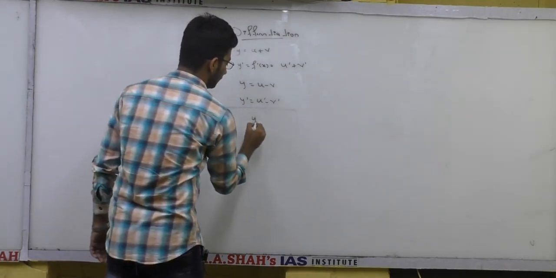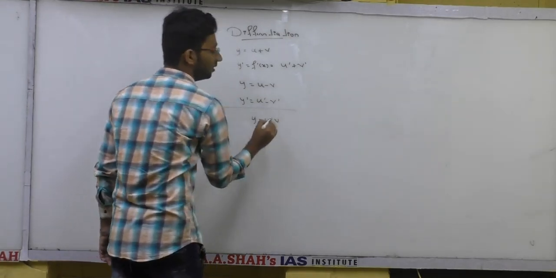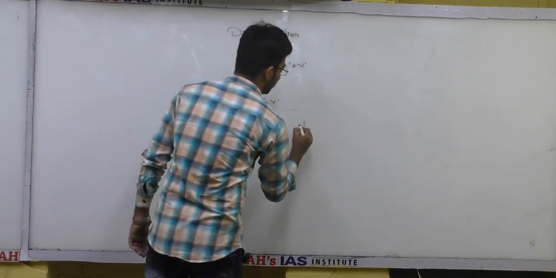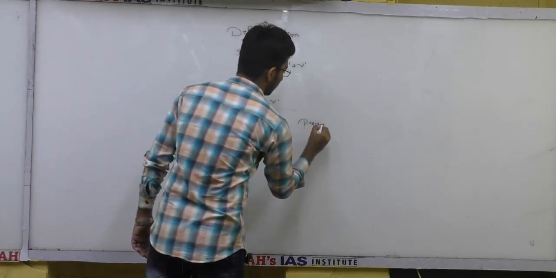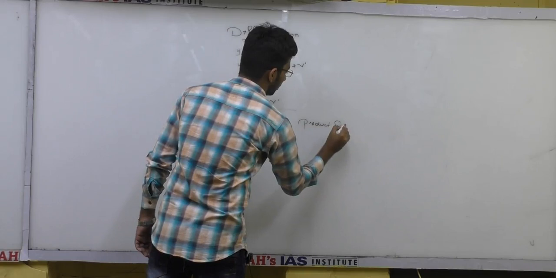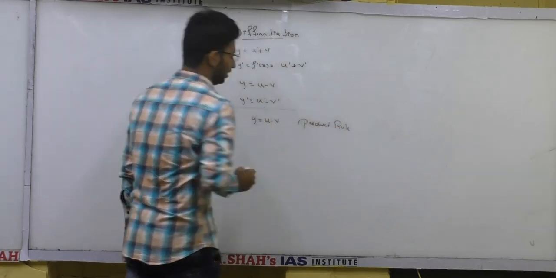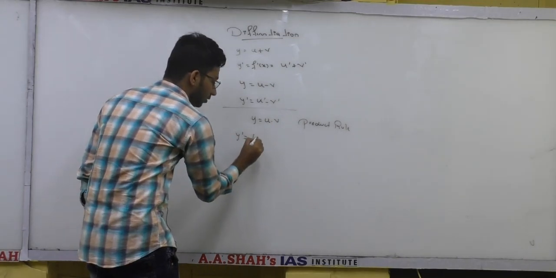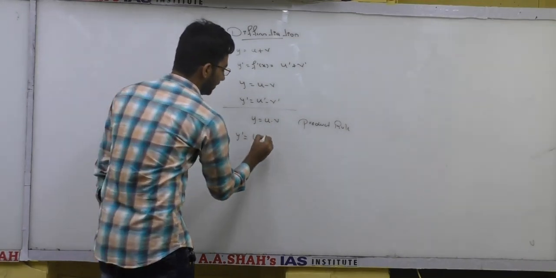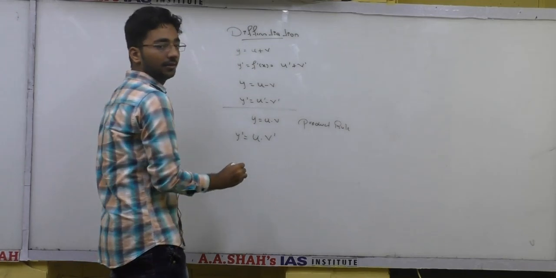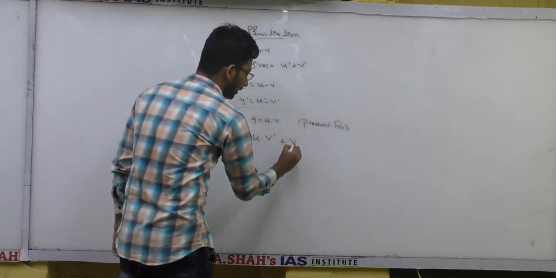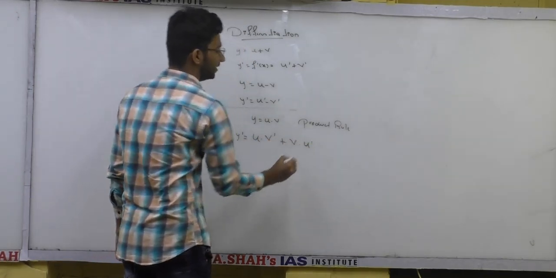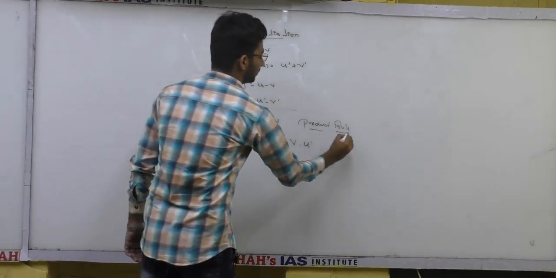If y equal to UV, we call it the product rule. Then the derivative y dash will be U times the derivative of V plus V times the derivative of U. This is called the product rule.